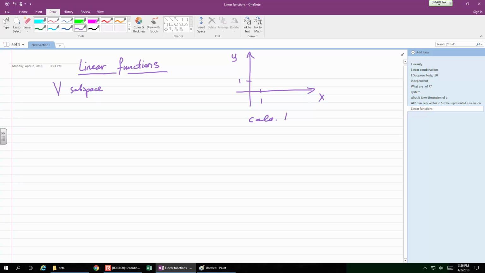Now, if I interpret this picture in a linear algebra sense, it's exactly the same thing, except these are the basis vectors. You can see where they are, the unit vectors that go along the axes. Okay, so calculus 1, and this is linear algebra.